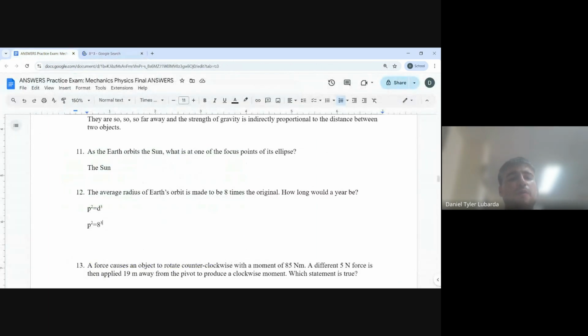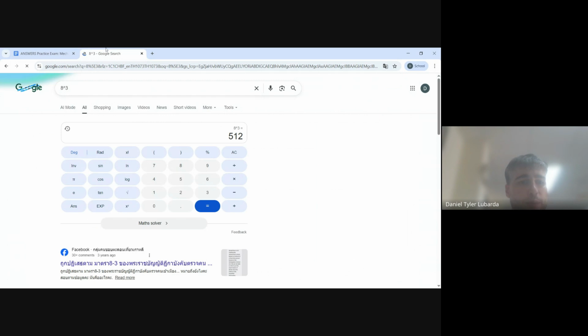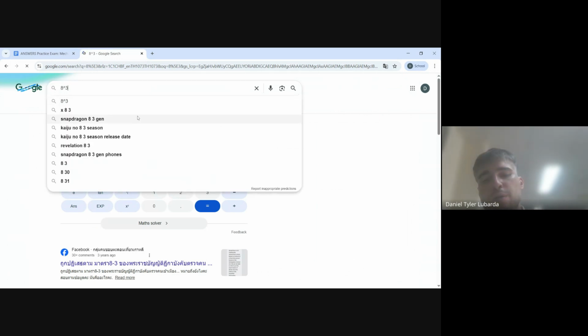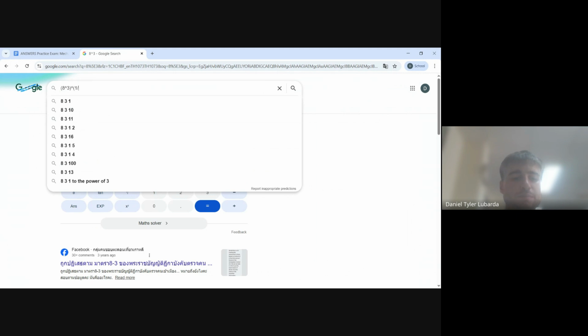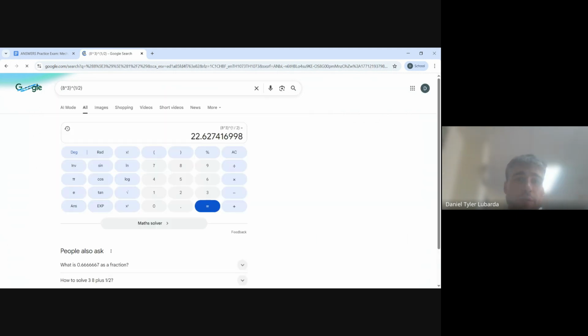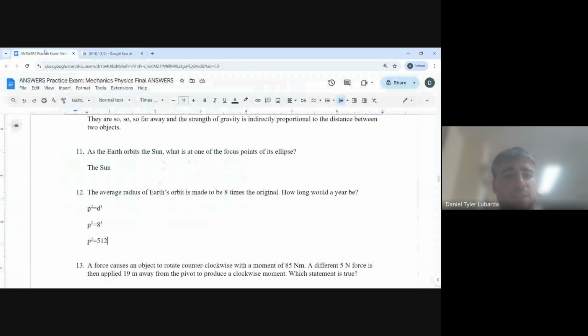So then we get P squared is equal to 512. And what's the square root of 512? I don't know. But that's why we have calculators. Plug that in, and we can round that to 22.6 years.